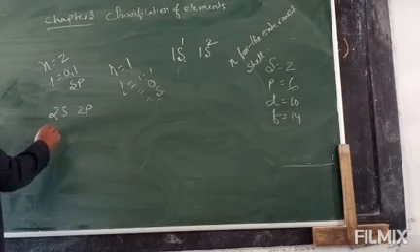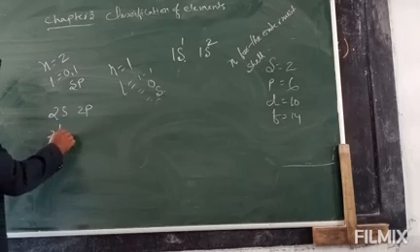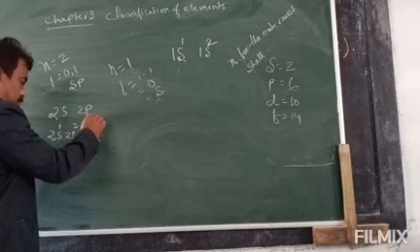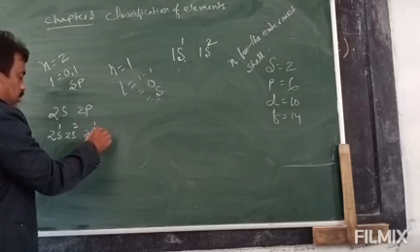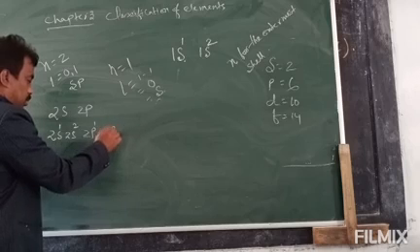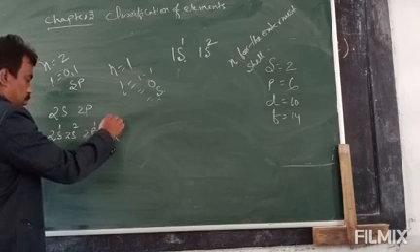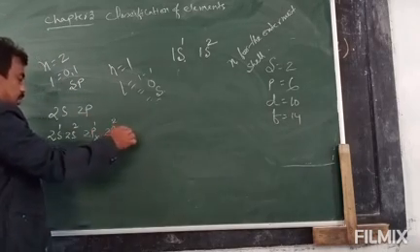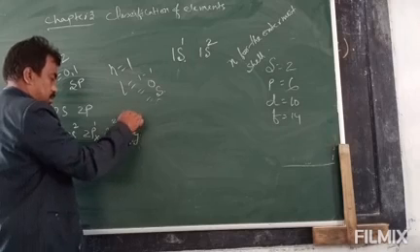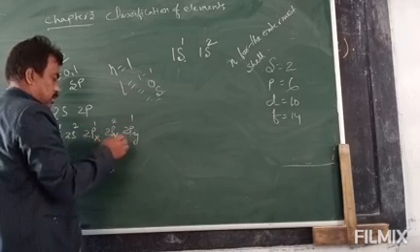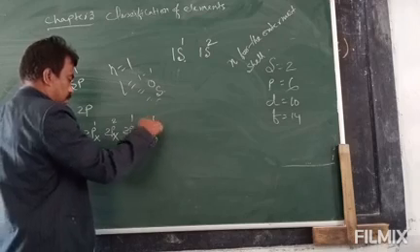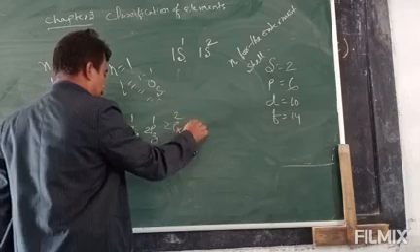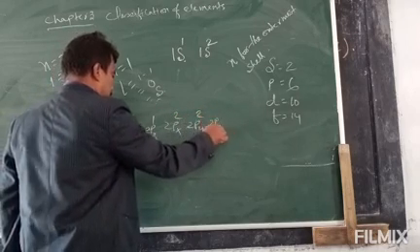That means the electronic configuration is 2s1, 2s2, and 2px1, then 2py1, 2pz1, after that 2px2, 2py2 and 2pz2.